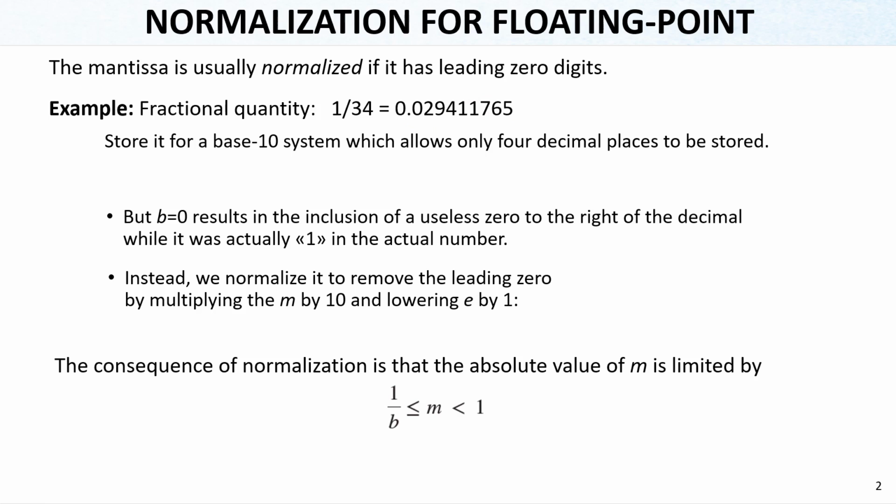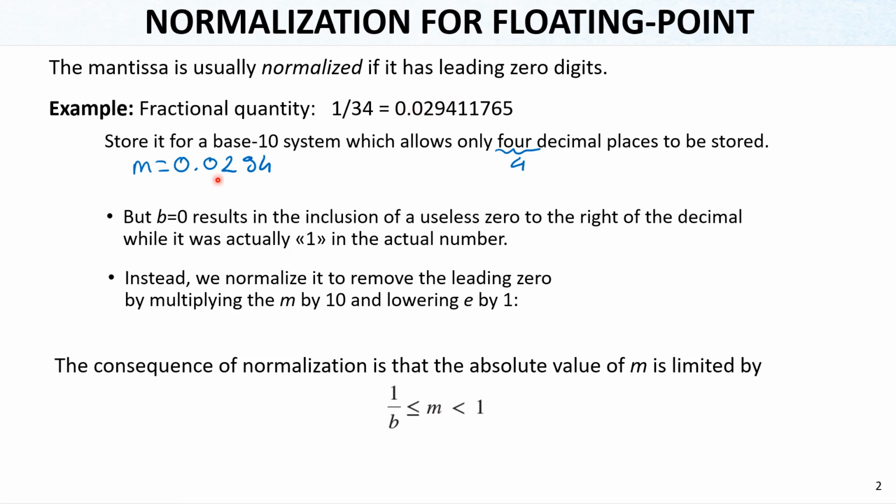Let's define here. So for a base 10 system, which allows only 4 decimals, let's give an example of this, and m will be only 4 decimals, which means after the point the decimals will be 0 2 9 4. So we are not able to write all of the numbers.